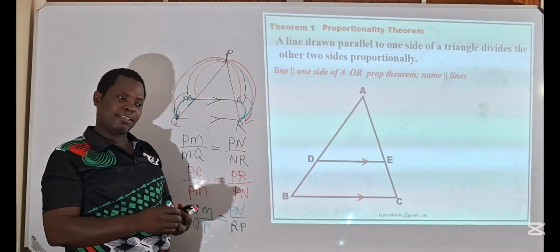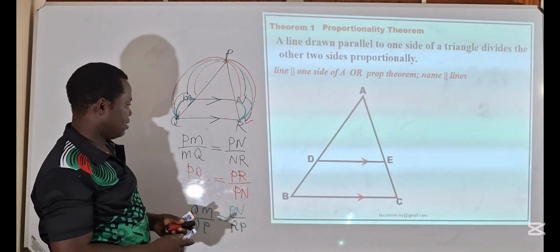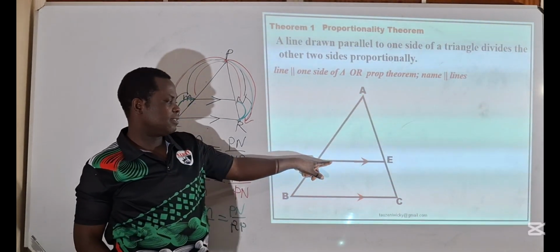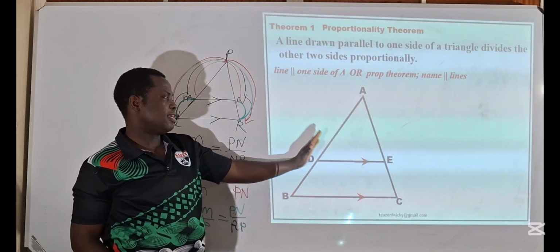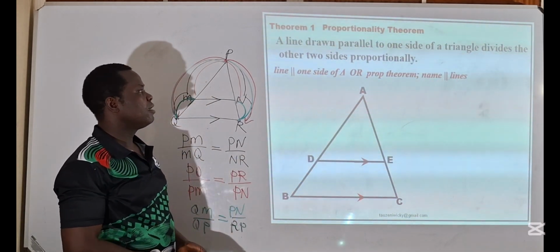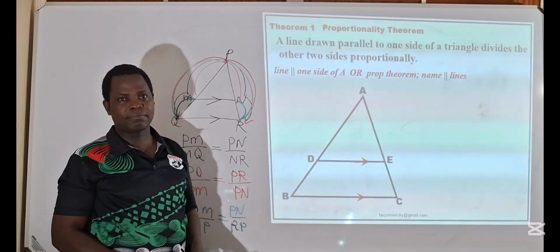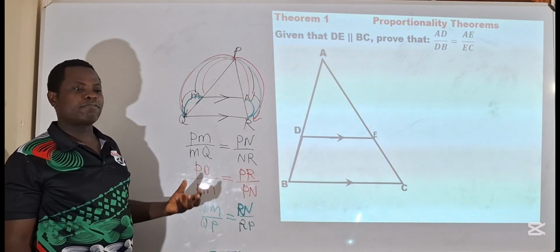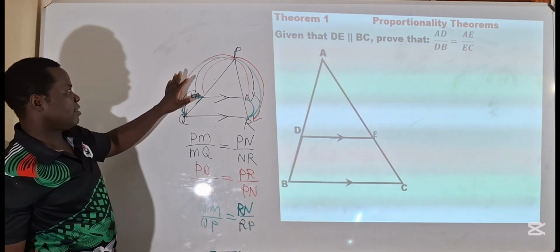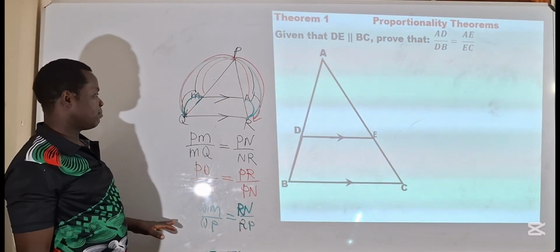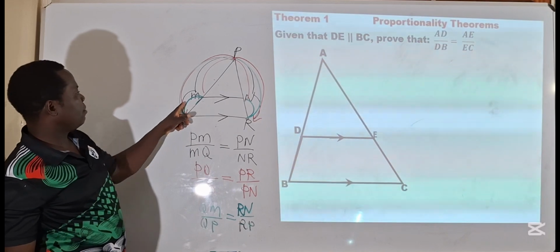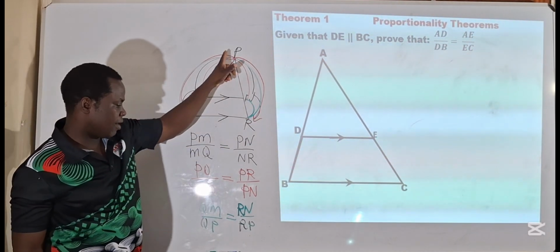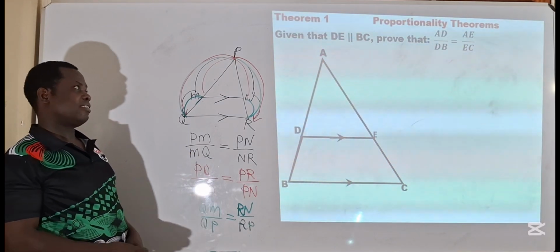So the proportionality theorem, the main idea, says that if you have a line which is parallel to one side of the triangle, then the sides of the triangle are divided proportionally. That is basically the main idea of the proportionality theorem. The sides of the triangle are divided proportionally. Here I divided QM divided by QP, and then it must be equal to RN divided by RP. That is what the proportionality theorem says.